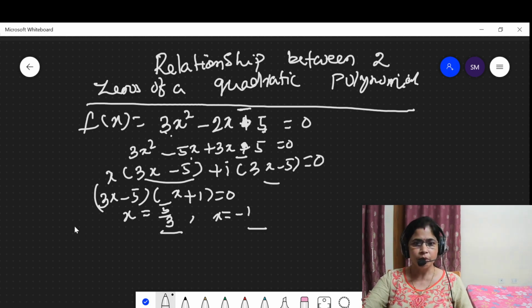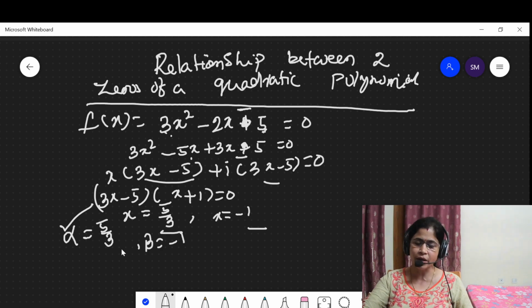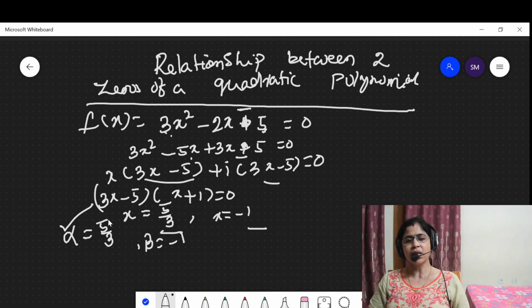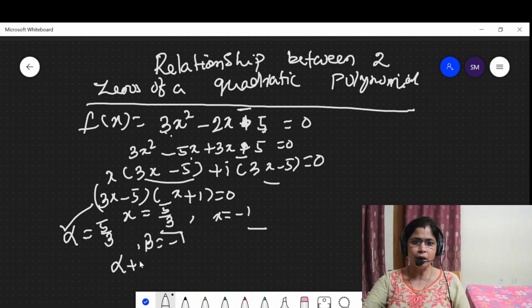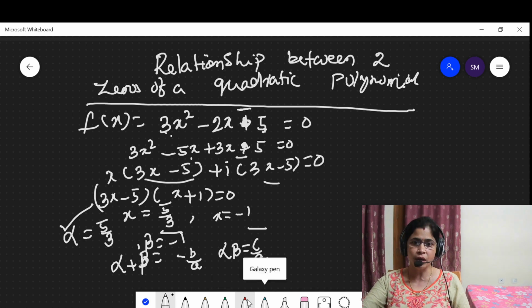Now assume alpha is one zero of the quadratic polynomial, and another zero is beta. Then there exists a relationship between the two zeros of a quadratic polynomial, which shows that alpha plus beta is equal to minus b upon a, and alpha into beta is equal to c upon a.